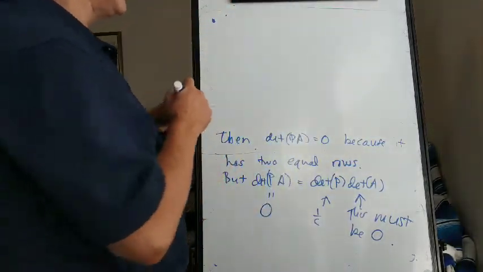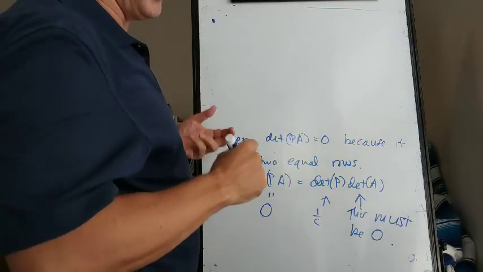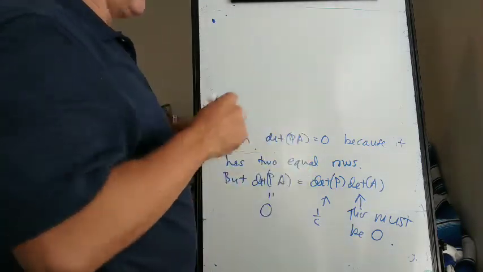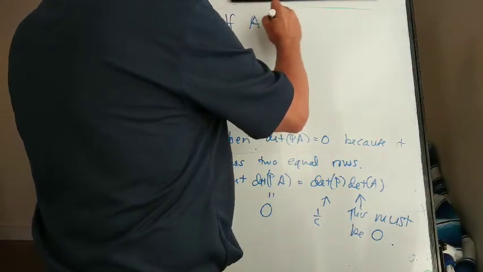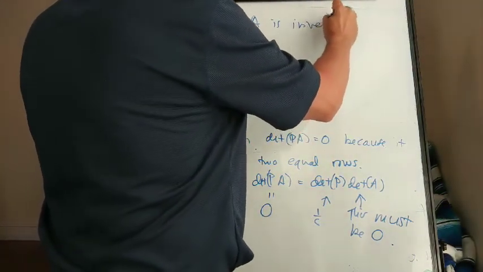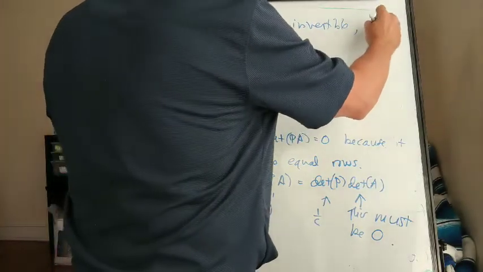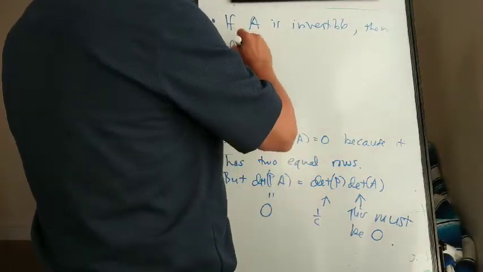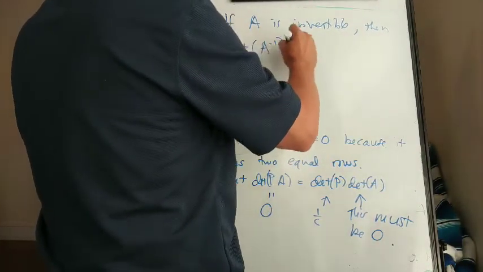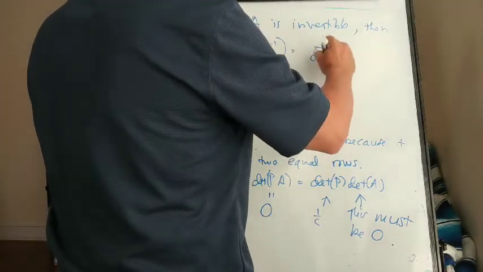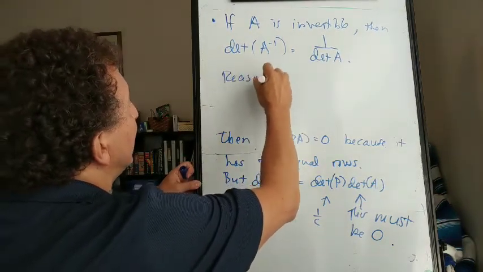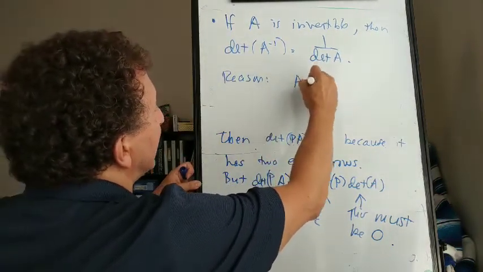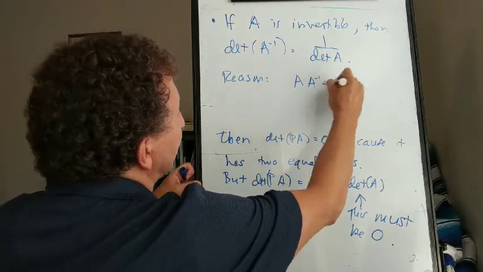Another consequence is that we know the determinant of the inverse of a matrix if we can invert the matrix. So if A is invertible, then the determinant of its inverse is 1 over the determinant of A. And the reason is that A times A inverse is the identity matrix.